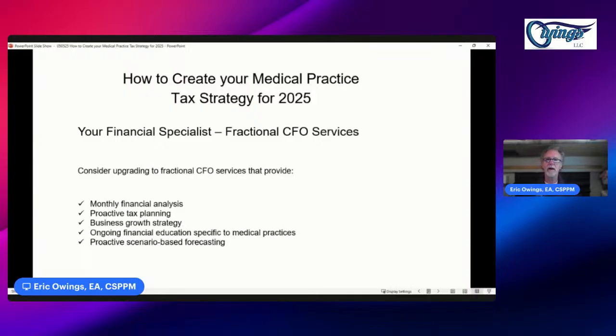So a financial specialist can actually help you more with the kind of information you're getting from your monthly financial analysis. There are 3 statements you should be looking at, but there are also margins, ratios, et cetera, things that a fractional CFO and business advisor can help you with.